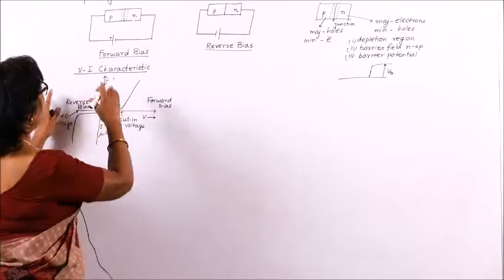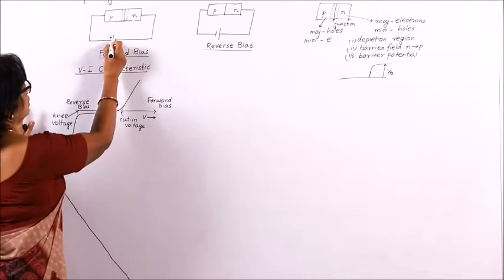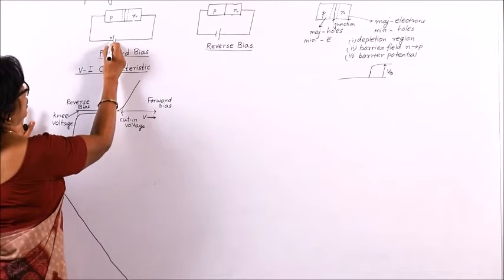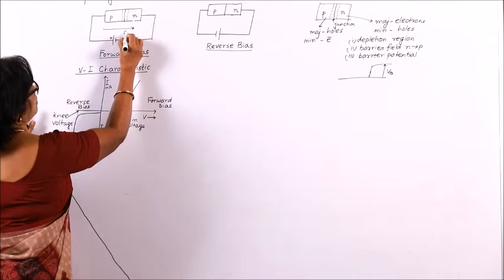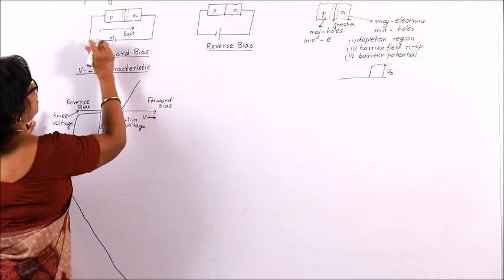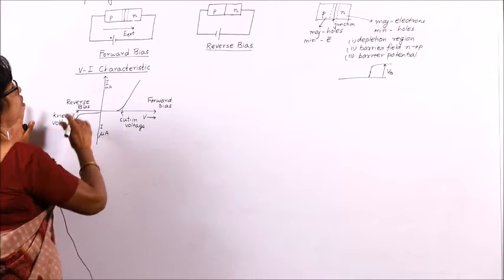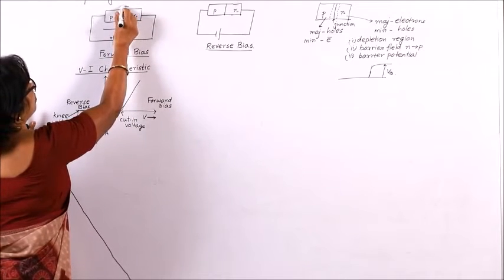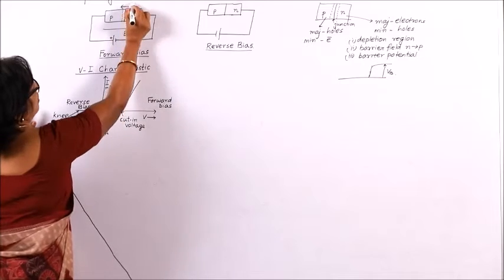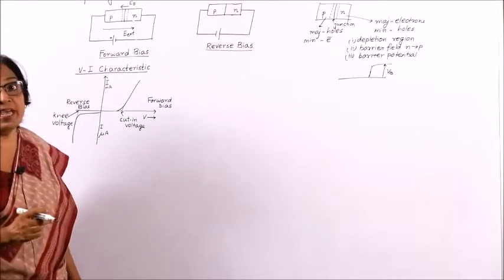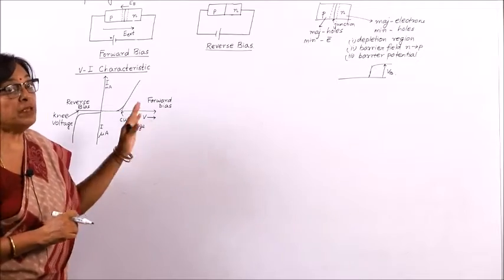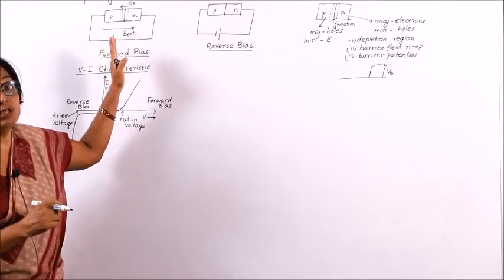Now, when you apply a voltage, this point is at higher potential than that point. That means you are applying an external electric field from this side to this side. The barrier field at the junction is from the N side to the P side. So, the barrier field will now be reduced.